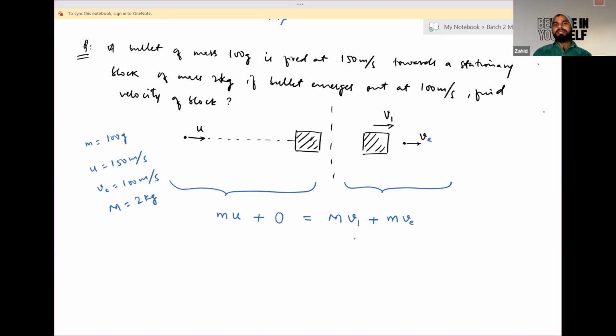Do you have any doubt in this problem to any one of you? Safan? No, sir. Okay. Try to solve. Find the value of V1.